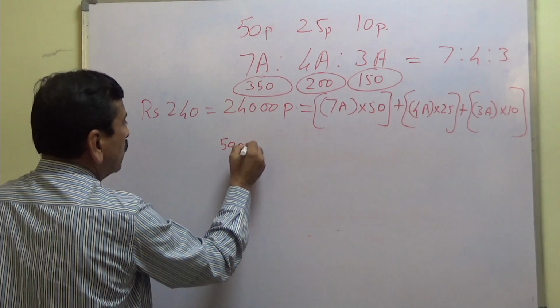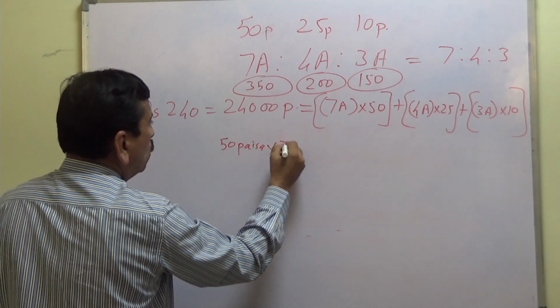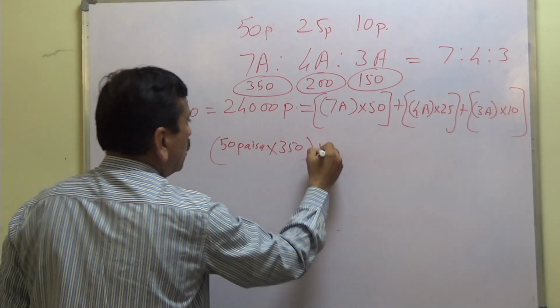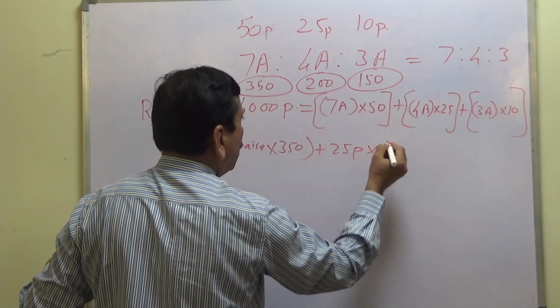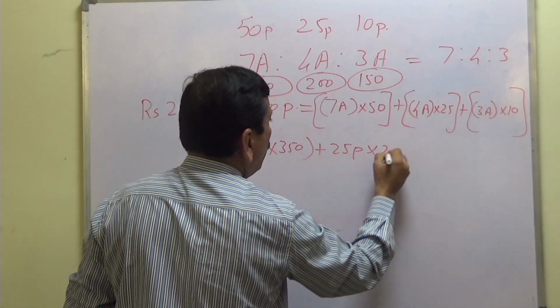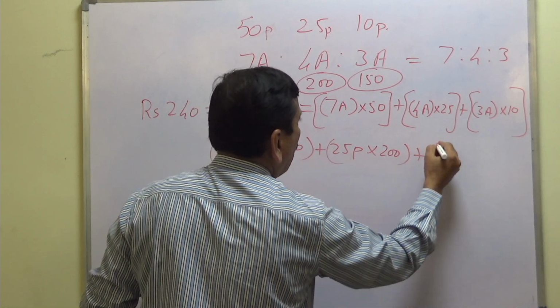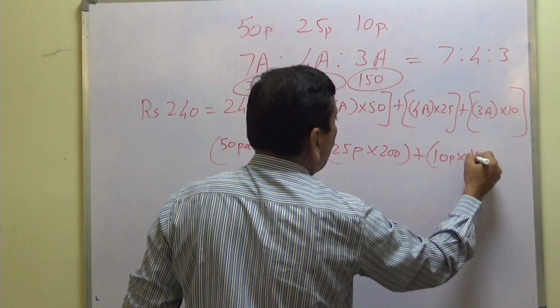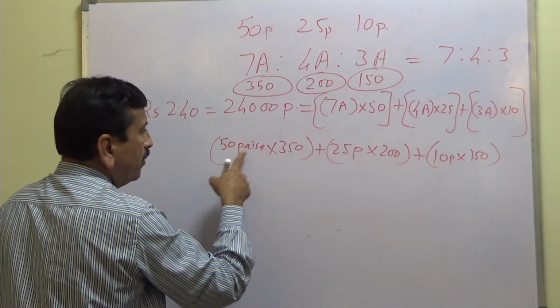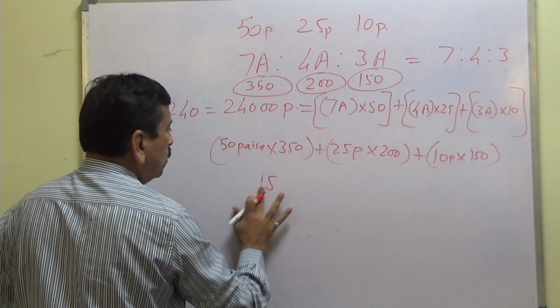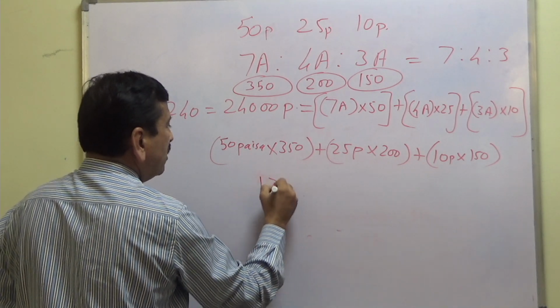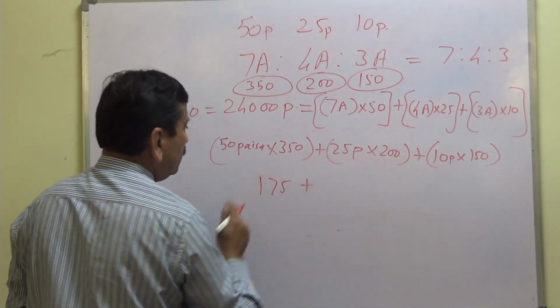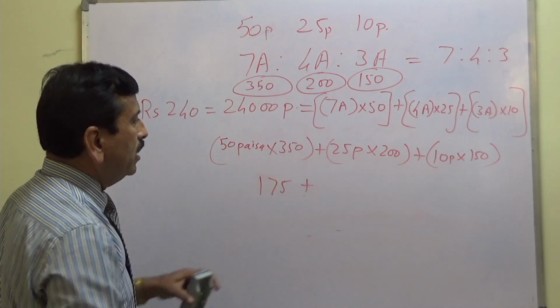Like 50 paise into 350 coins, 25 paise into 200 coins, and 10 paise into 150 coins. Look here, 50 paise into 350 will contribute to 175 rupees. This into this, the zeros will cut down.